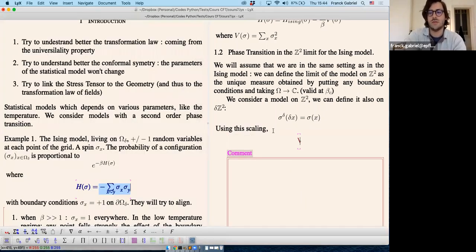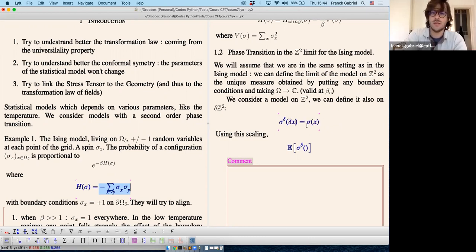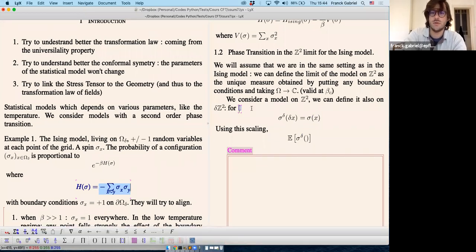So trying to understand what I said is trying to understand the expectation of sigma delta at a point. Here it's really a point of the grid.